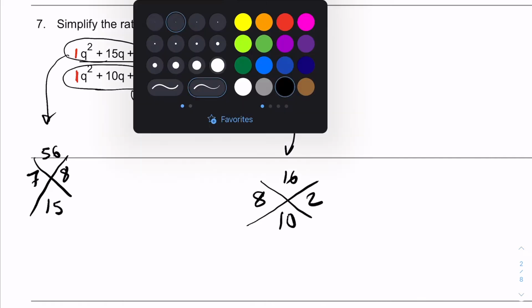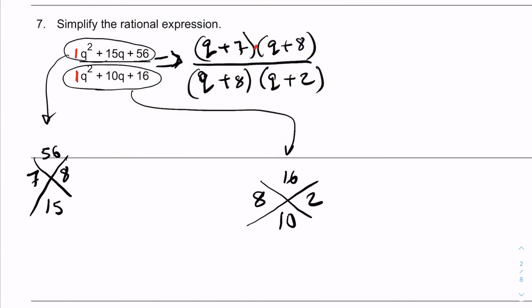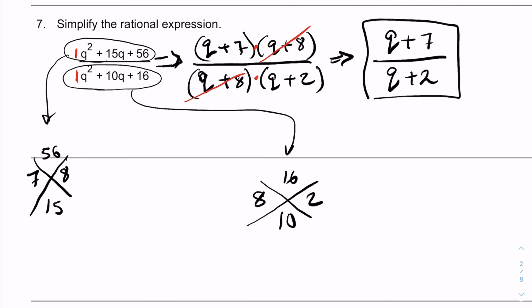Now you can see there are some common factors, and you know they're factors because they're being multiplied. Q plus 8 cancels with q plus 8, leaving me with my answer of q plus 7 over q plus 2. Q plus 7 over q plus 2.